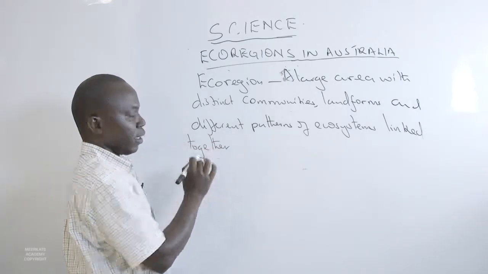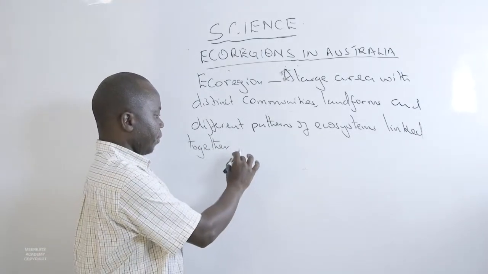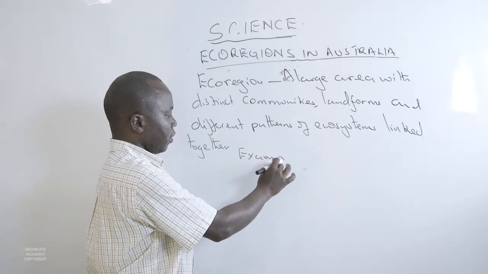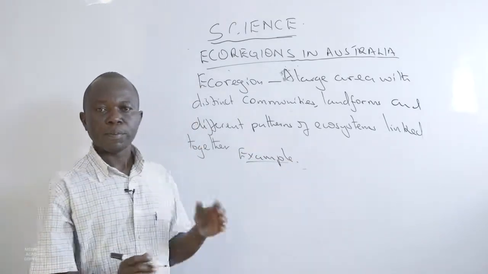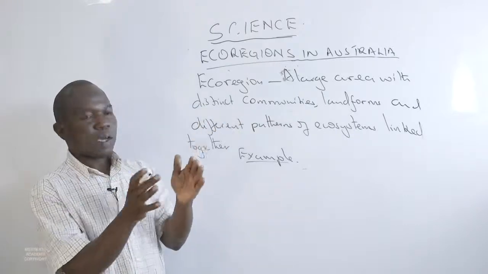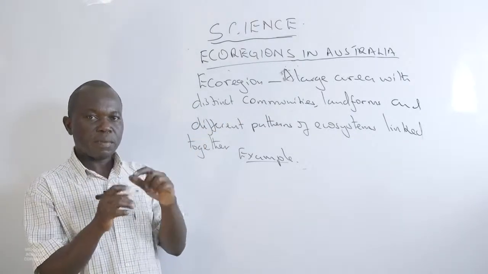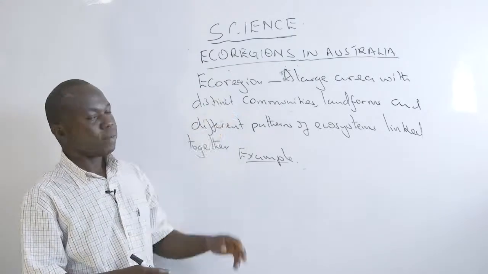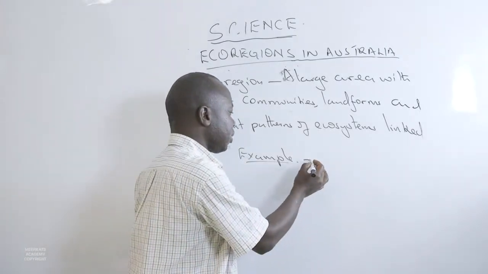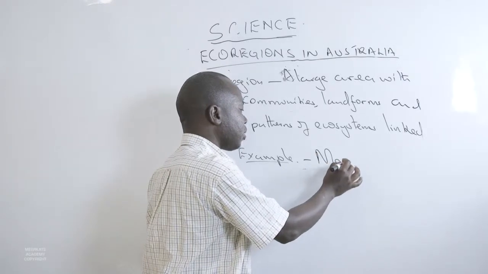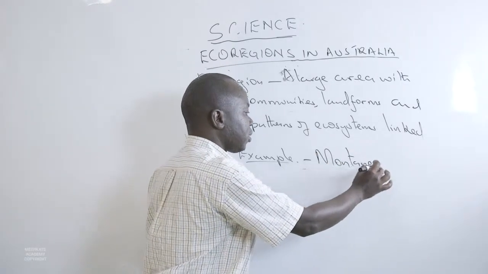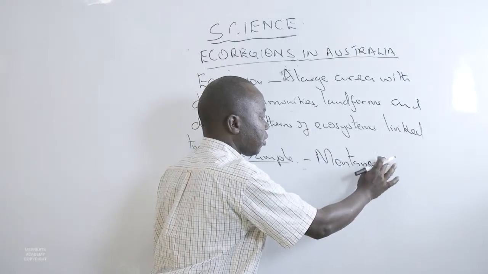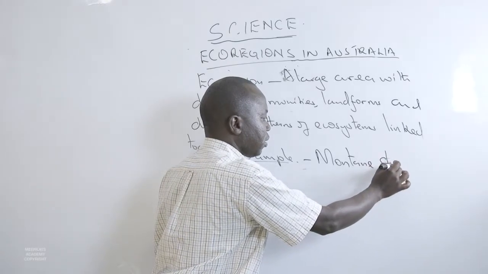Example here. As we look at the example, the idea is we are going to have different ecosystems that have been linked together to form now the ecoregion. Example could be a mountain or montane scrubland.